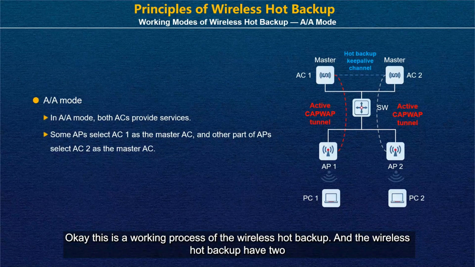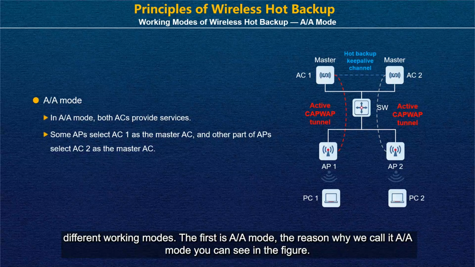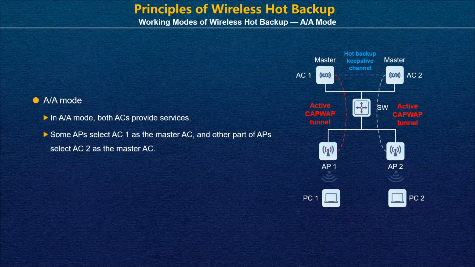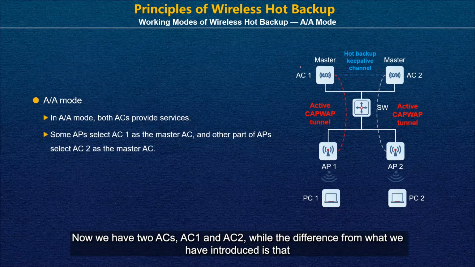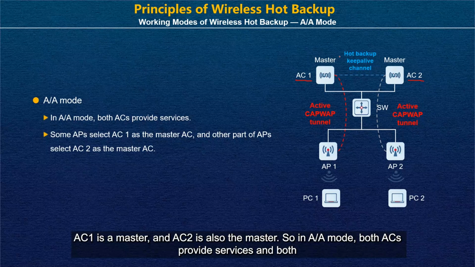The wireless hot backup has two different working modes. The first is AA mode. The reason why we call it AA mode, you can see in the figure. Now we have two ACs, AC1 and AC2. What's different from what we have introduced is that AC1 is a master and AC2 is also a master.